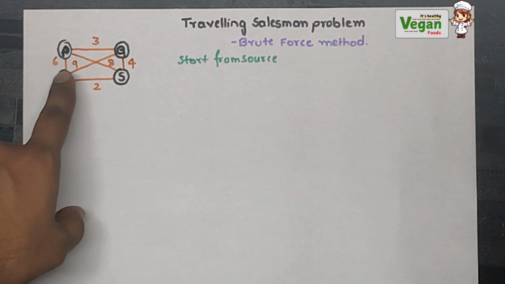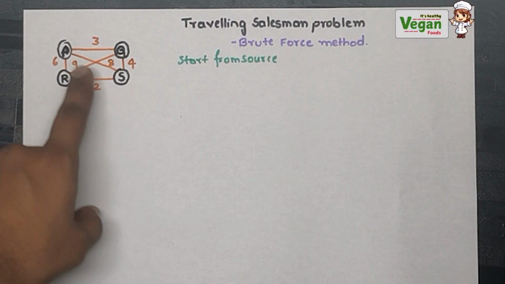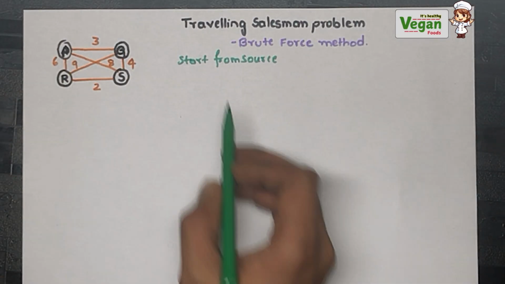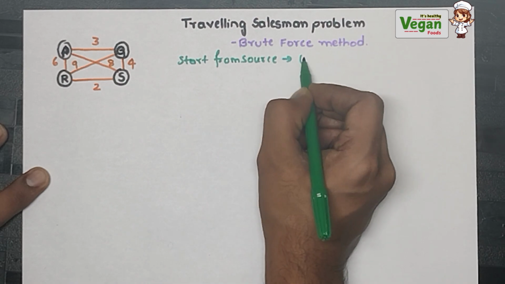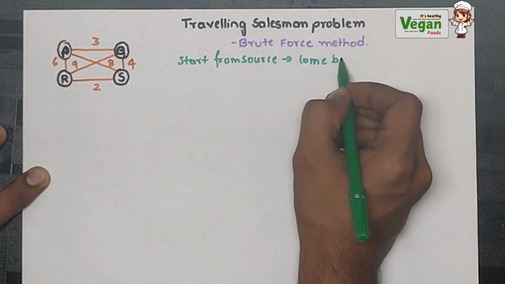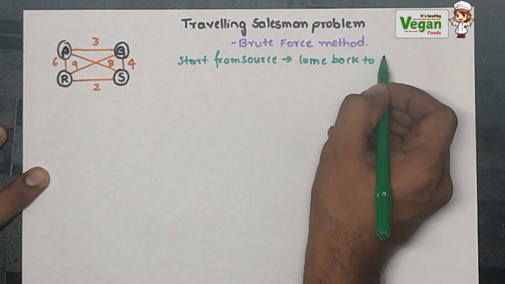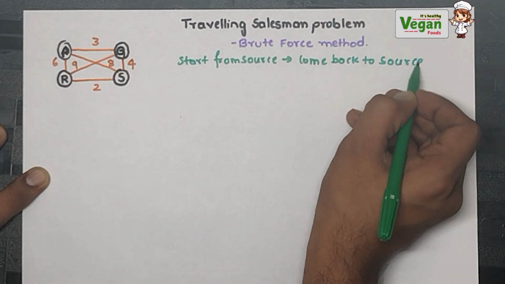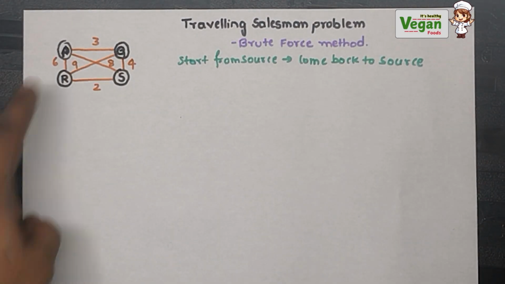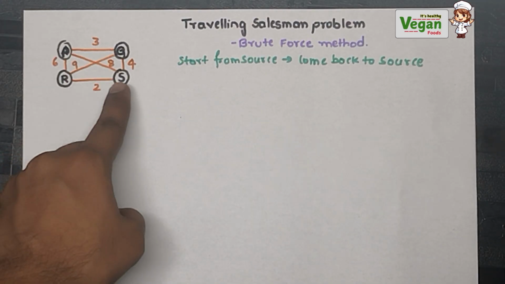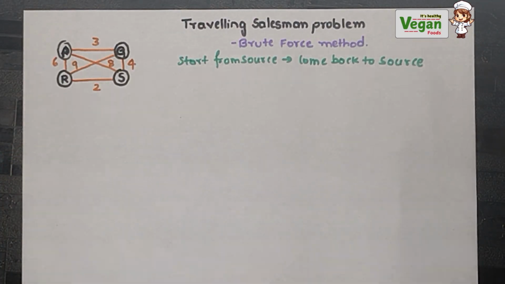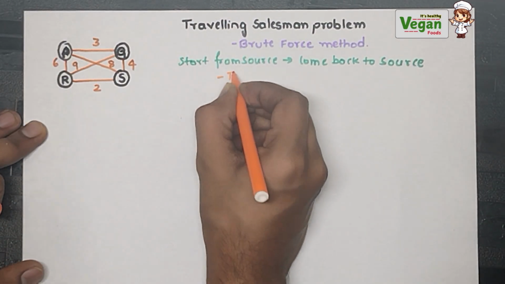He will come back to his home. That is, he must start from the source and come back to the source. So what is the condition? He must travel all the nodes or all the cities with the least cost.